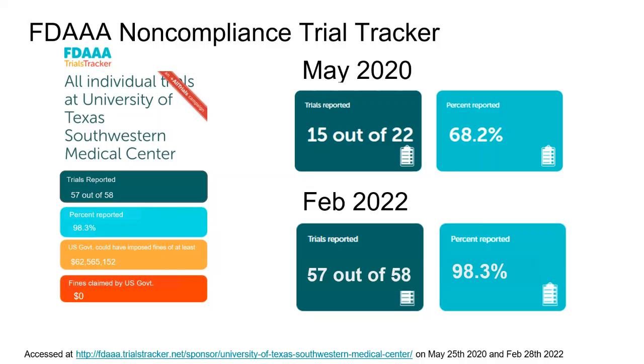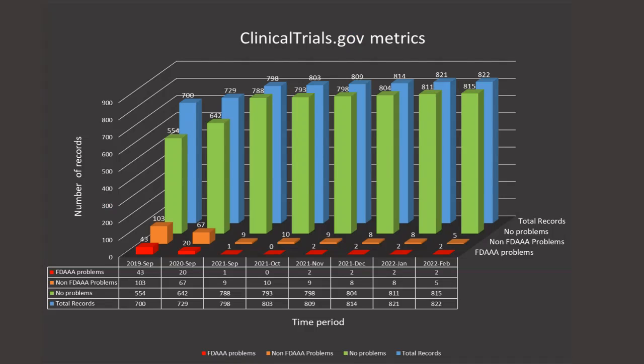So we created this table. This shows overall real-time compliance for all UT Southwestern records. Blue indicates the total number of records registered by UT Southwestern investigators, and green indicates records without any issue or records that are currently under ct.gov review.